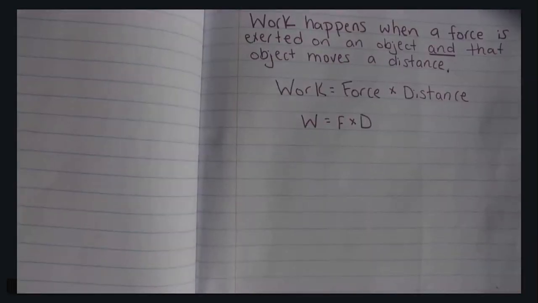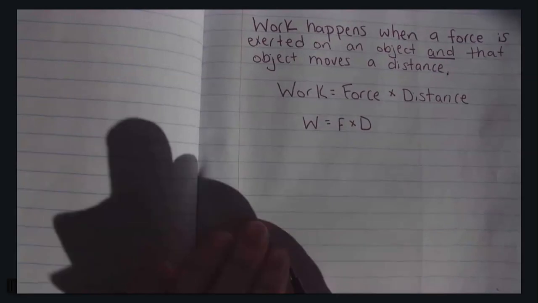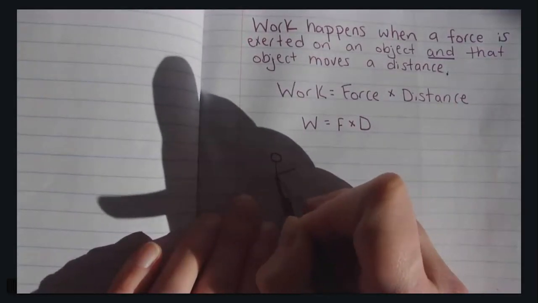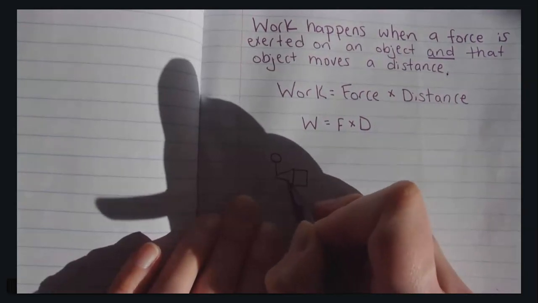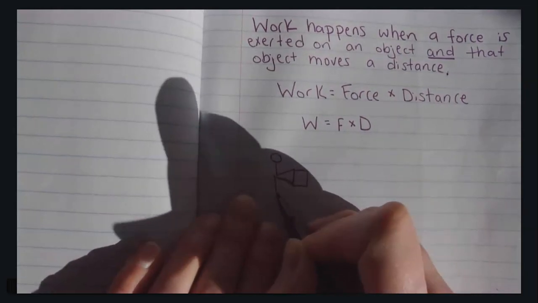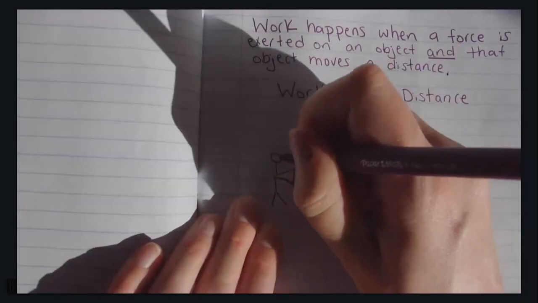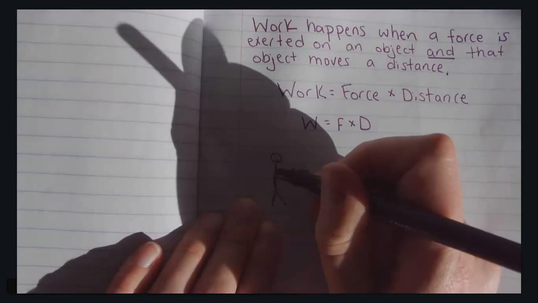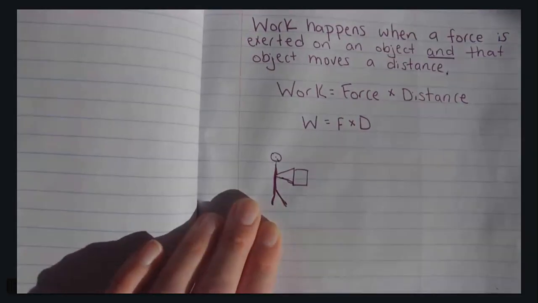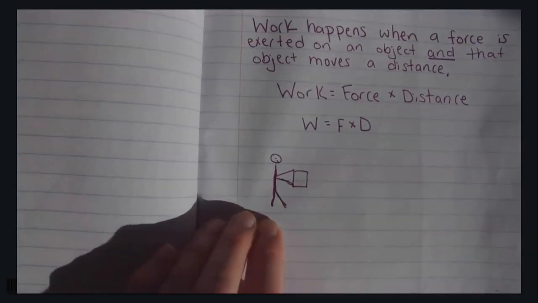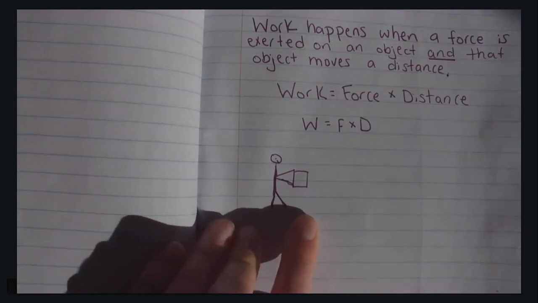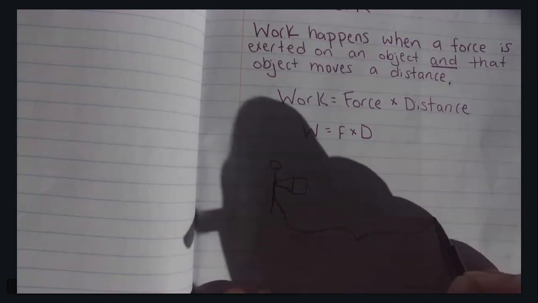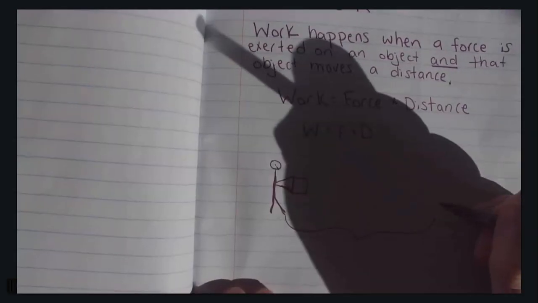So then let's go ahead and do a little example here. So let's have a person. They are holding a box. Let's say they're moving someplace. Alright. Nice little smiley face. Oh boy, their body is not connected. There we go. Fixed it. Now, this person needs to move this box a certain distance. So let's say they have to bring the box all the way over there.